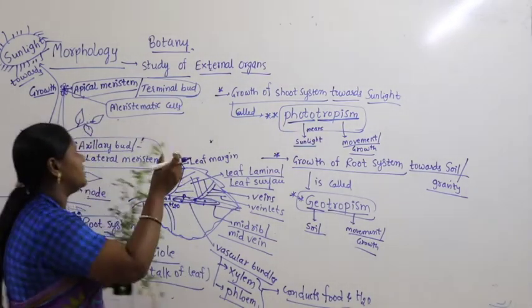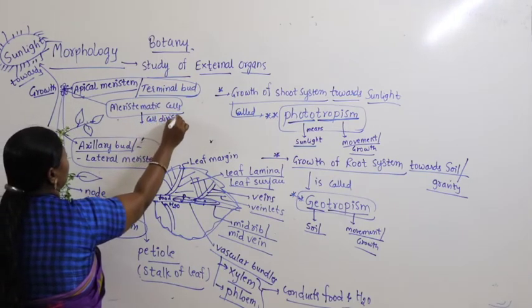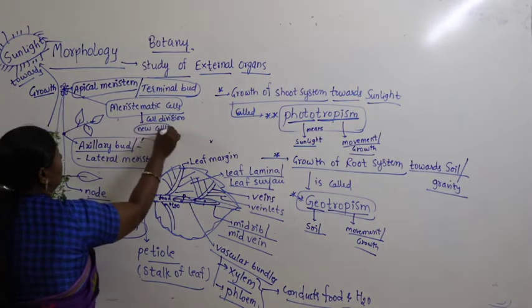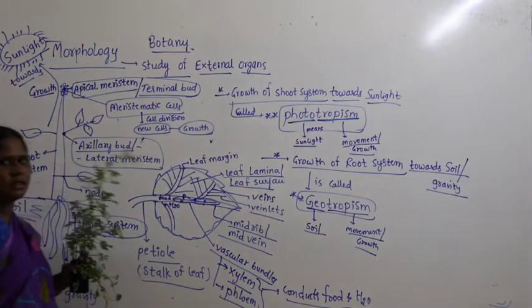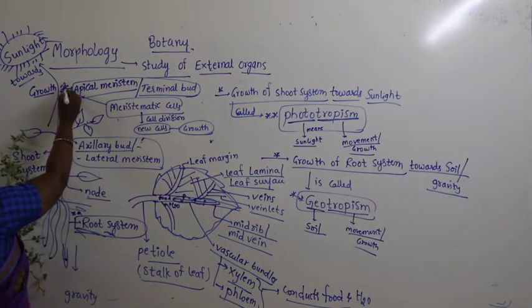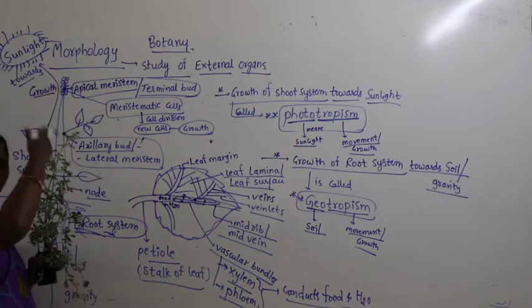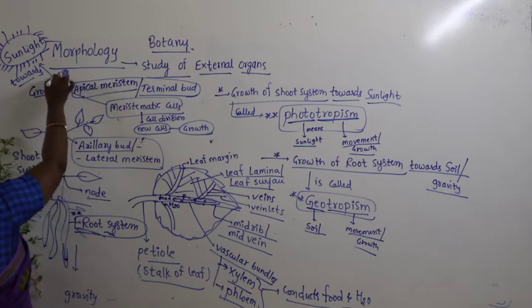These meristematic cells will undergo cell division and new cells are produced, and that is how growth takes place. That means one cell divides and forms two cells, two become 4 cells, 4 cells become 8 cells, and like this growth is happening.